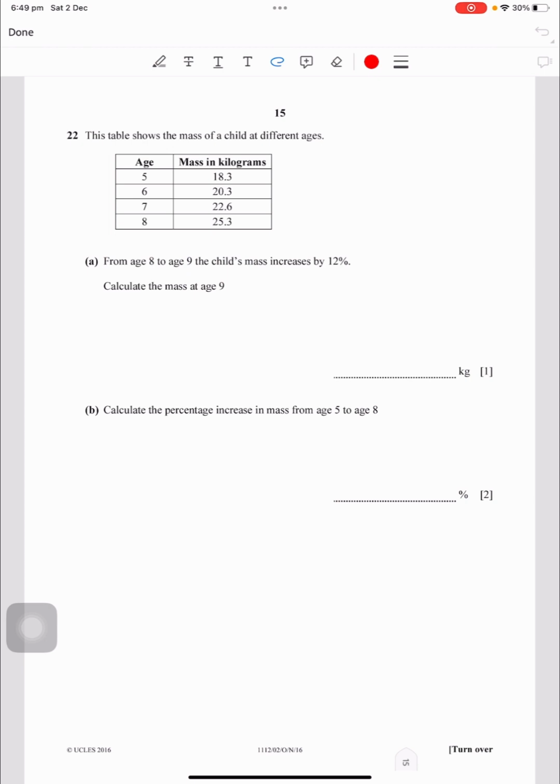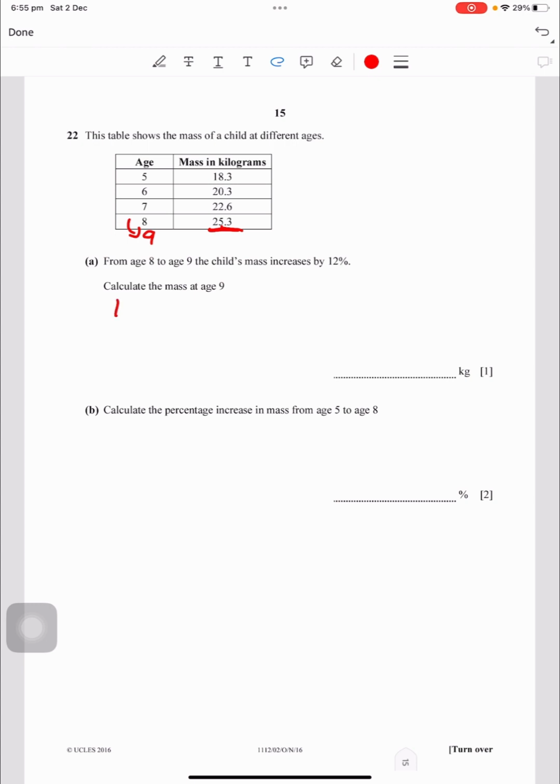So as you can see right here, what we can do is, here we can do age 9. So for this, what we need to do is, on this number right here, we can see 25.3.